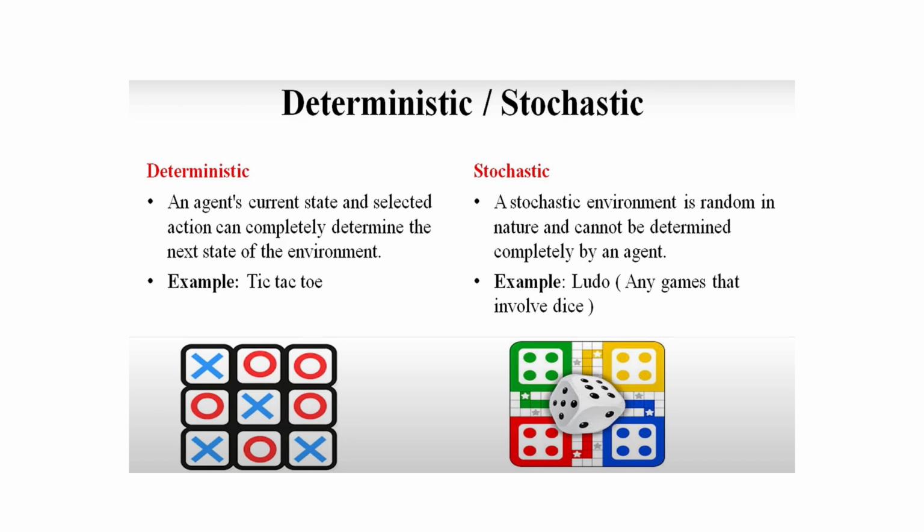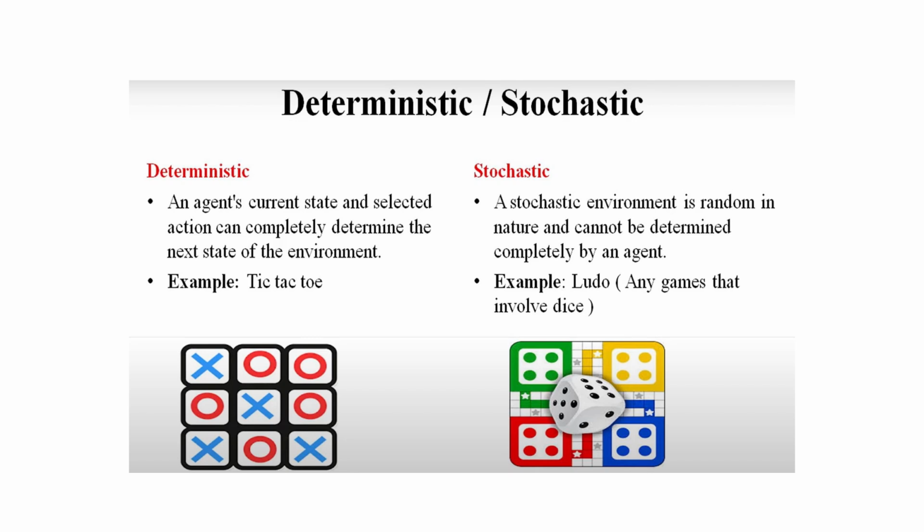Whenever rainfall occurs, we predict whether it will rain for a full day, half a day, or an hour. Everything can be random. So it is based on nature, and that cannot be predicted completely by the agent. Something that can face a natural disaster like an earthquake is also nature. So these are examples of a stochastic environment.